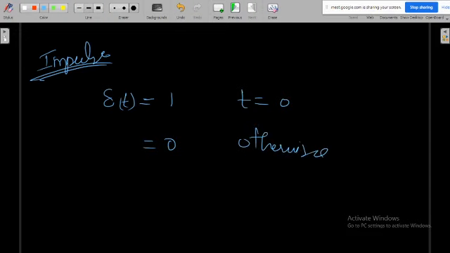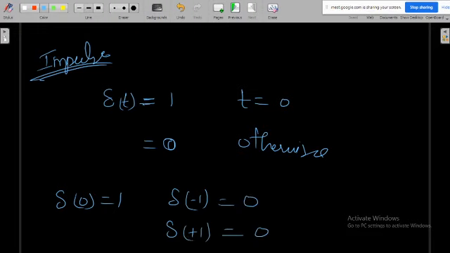When we define the unit impulse, sometimes we might put infinity also, and there will be some confusion, but for a unit impulse, del t is equal to 1 when t is equal to 0, and 0 otherwise. What is the meaning of this? That means when t is equal to 0, the value is 1. When I put any other value other than 0, let it be a negative value or a positive value, let it be del minus 1 or del plus 1, what is the value?